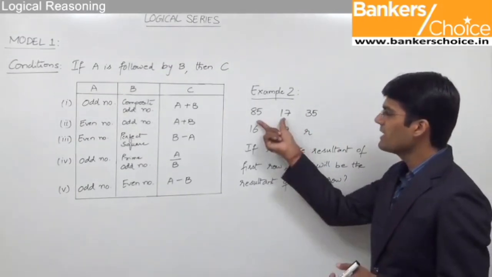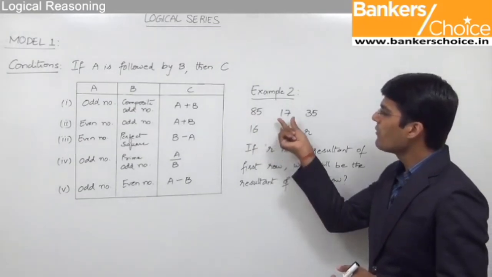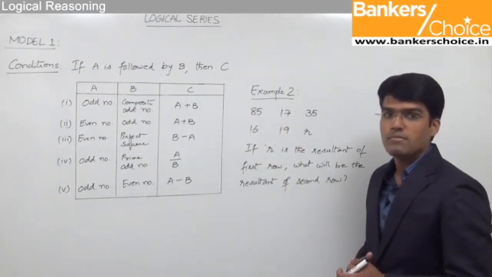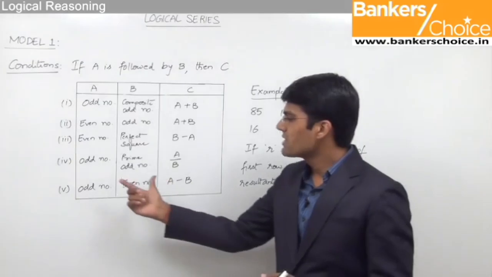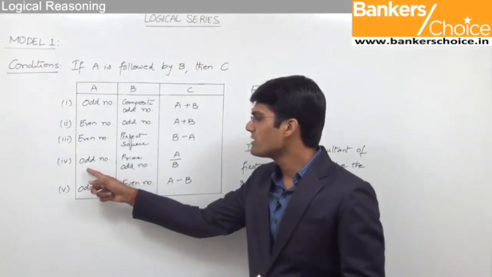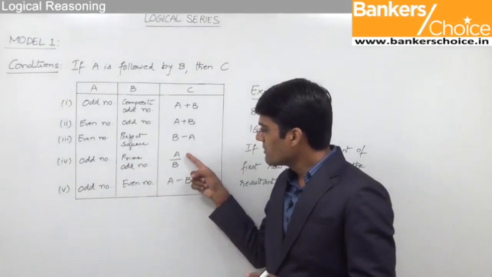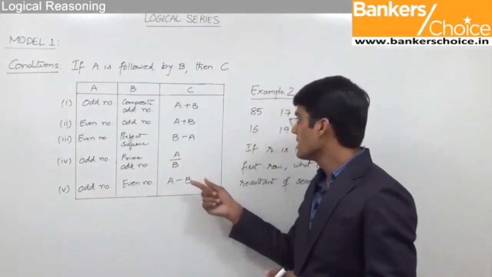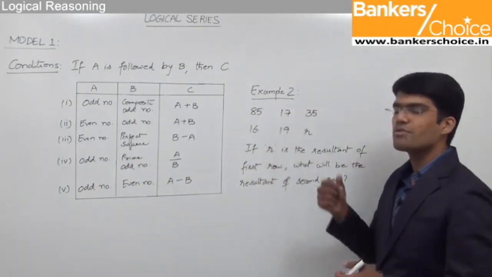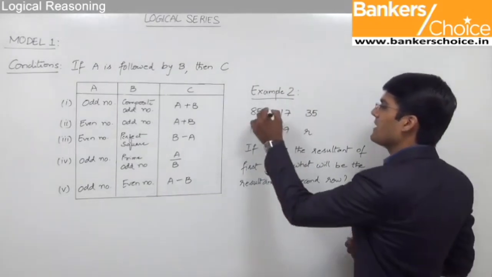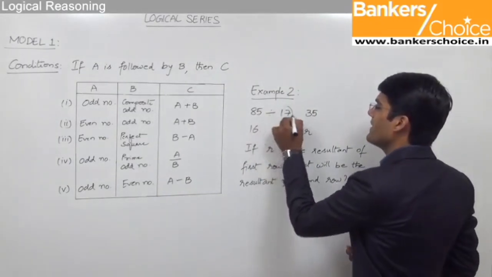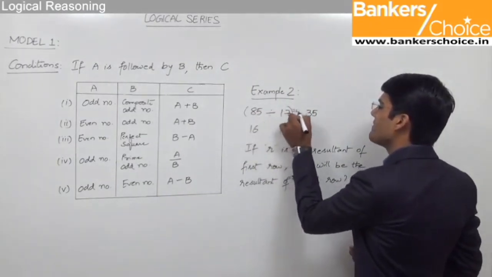So the applicable condition here is odd number followed by another prime odd number, and that is condition 4: the odd number should be divided by the prime odd number. So here 85 should be divided by 17. Now 85 divided by 17, we get the answer as 5.